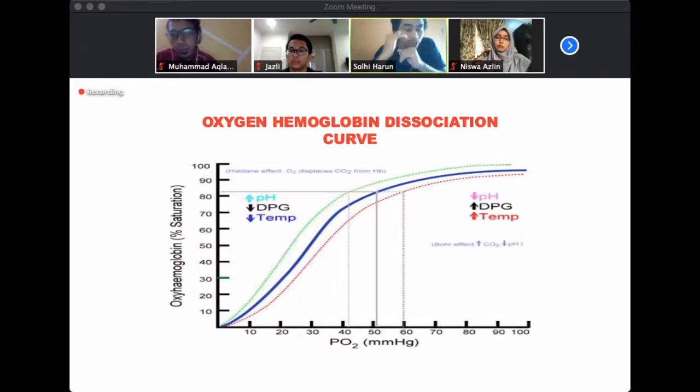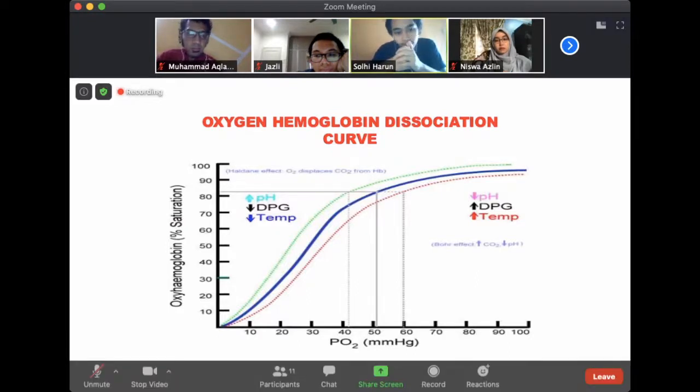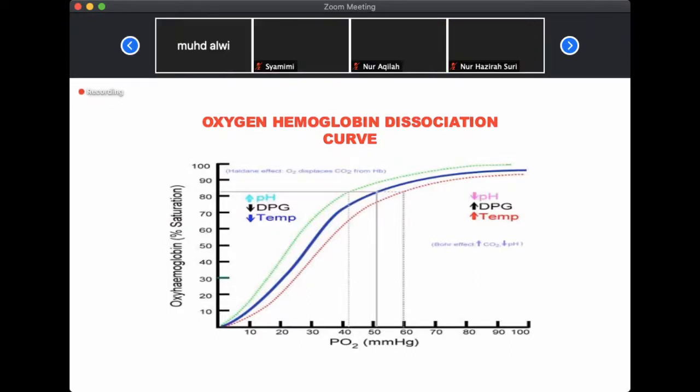unloading of oxygen, sorry. There are a few factors that sometimes make the body shift the curve to the right or to the left. If the body shifts the curve to the right, then take any given PO2, let's say 50: you can see that on the y-axis it equals 80 something, 81 or 82 oxygen saturation.